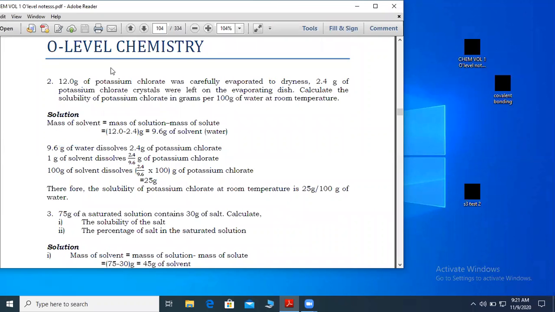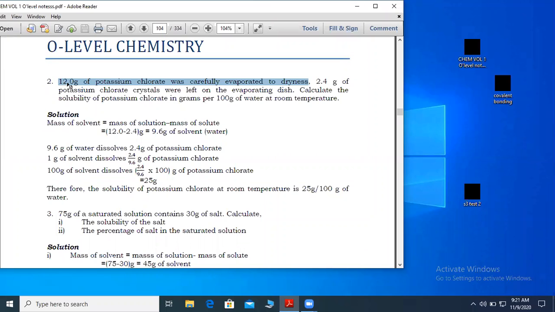But we said there can be cases where they don't give you the mass of solute directly. For example, they are telling you that 12 grams of potassium chlorate solution was carefully evaporated to dryness. Evaporated to dryness means you are removing water.